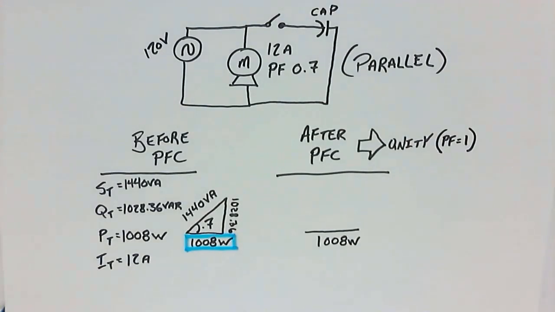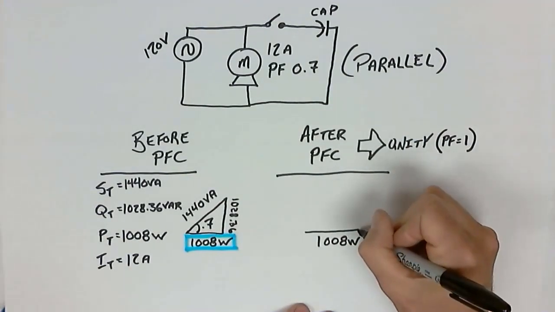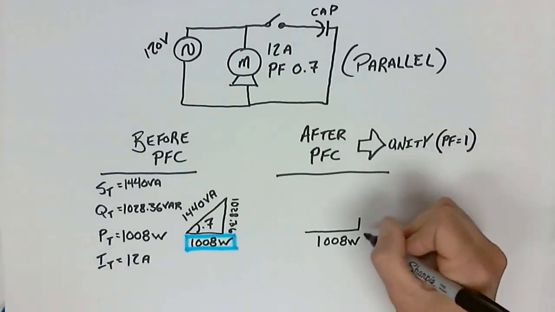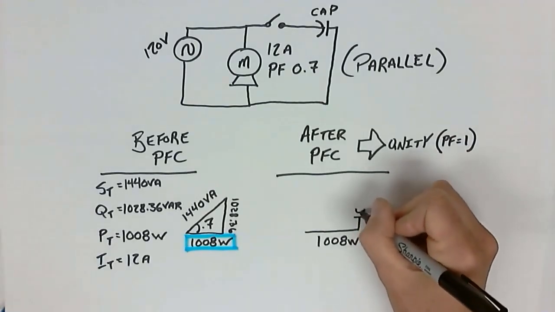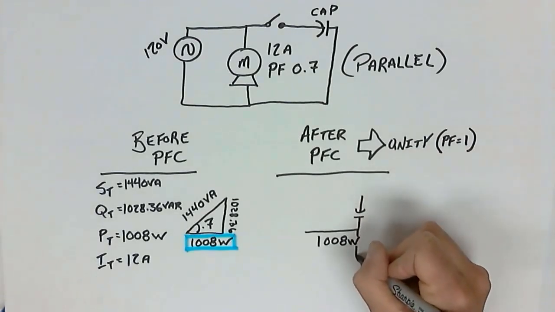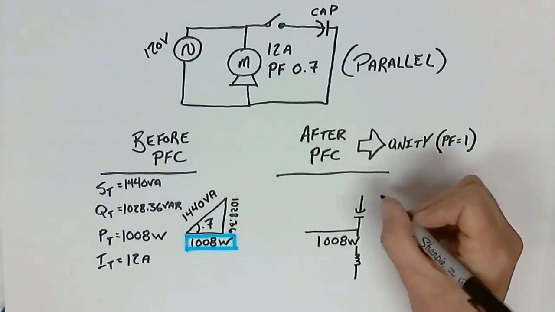So if I want a power factor of 1 in my new circuit, that would mean that the total VARs and the total capacitive VARs, so inductive and capacitive VARs, would have to be equal.